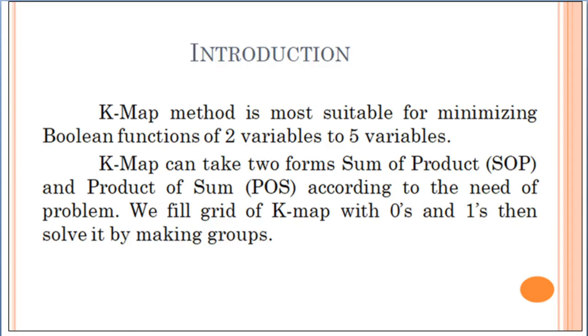For example, if we take a two variable K-map, then the number of cells in that particular K-map will be 2 to the power 2, that means 4. The output which we get through K-map can be either in the form of sum of products or product of sums, that means SOP and POS.